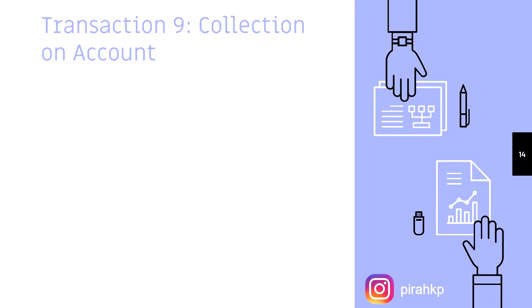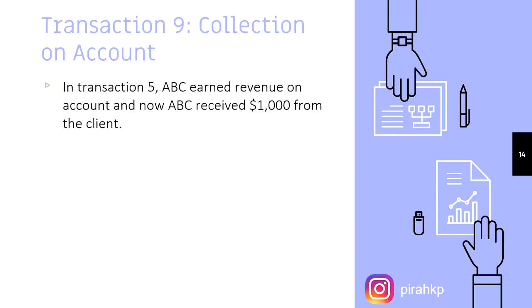Alright. So in this one, in transaction 5, remember ABC earned revenue on account and now ABC received $1,000 from the client. We had an account receivable transaction in transaction 5. Now in this transaction, we actually received $1,000 from that accounts receivable. Alright, so what are we going to do? We are going to actually change our assets. It's just like when we bought the land and we just changed our assets.